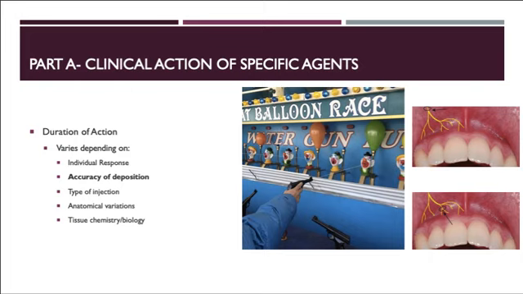The way that this relates to the accuracy of deposition of local anesthesia is that to get your target tissue numb, you have to deliver the local anesthetic in the right location. You might be able to get close, but if you don't get close enough, you're not going to get that profound anesthesia or the duration of action that you really need to get the job done.